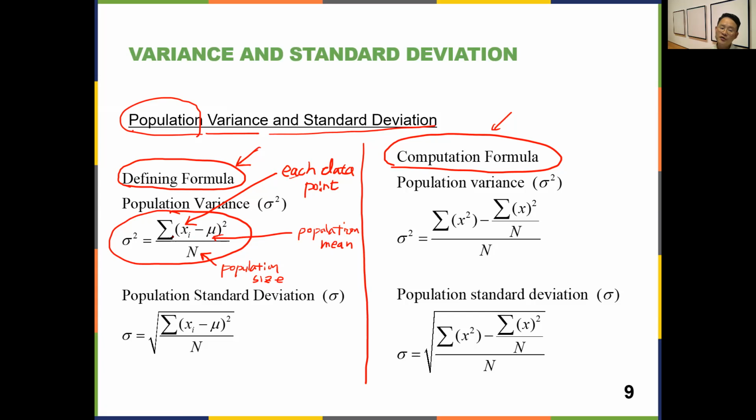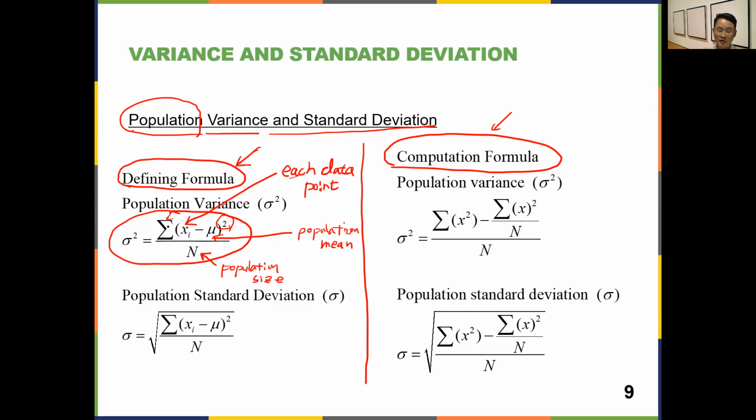So what do you think they're trying to do here? From each data point, you subtract the population mean. Once you get that number, you square it. Then you keep doing that, going one by one to cover every single data point in the data set. Keep adding.